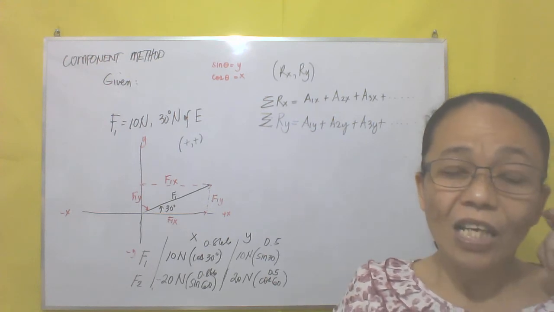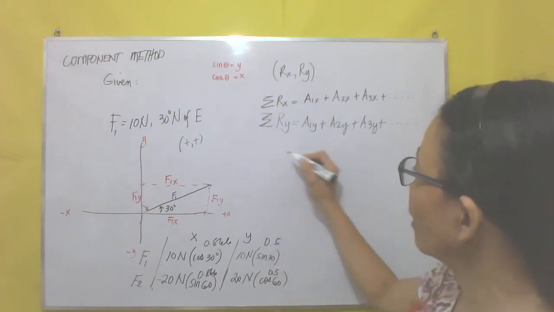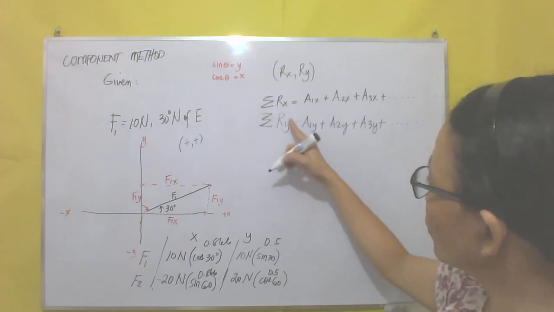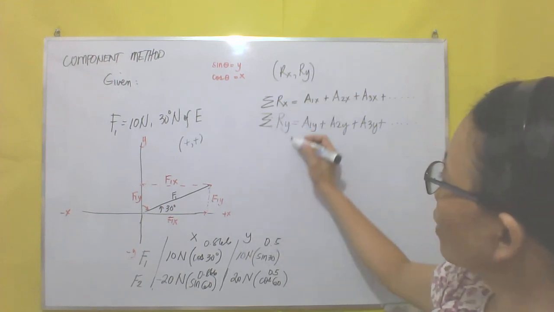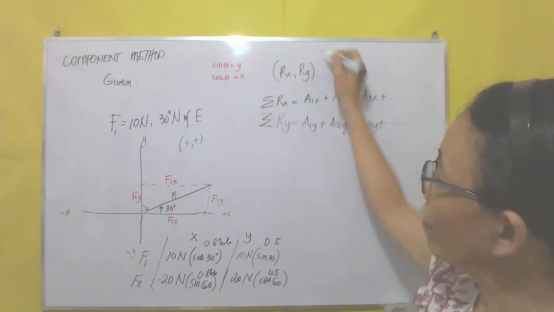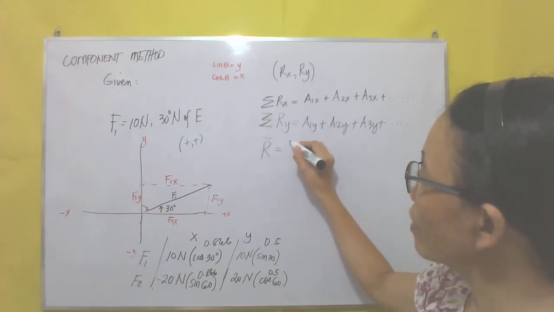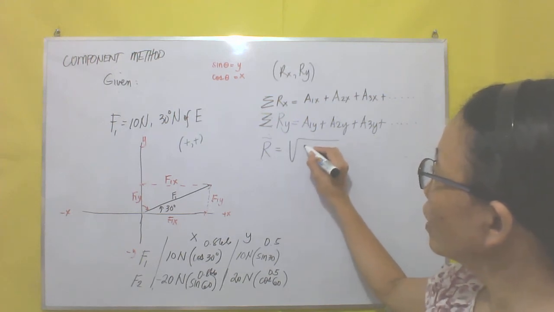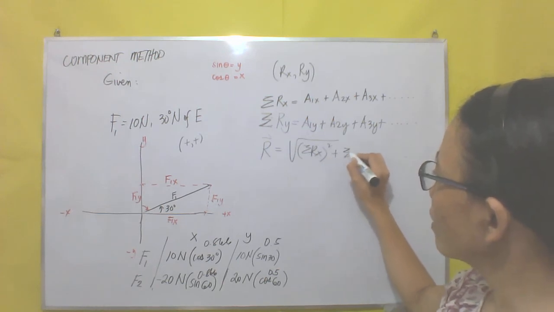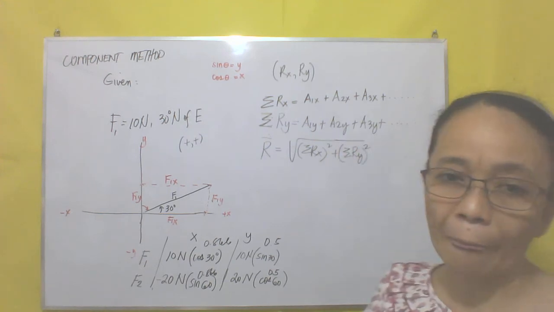Next, to determine the magnitude of the resultant R. Supposing we have Rx and Ry, the x and y components of the resultant vector, then to solve for the resultant R, this is just the square root of Rx squared plus Ry squared.